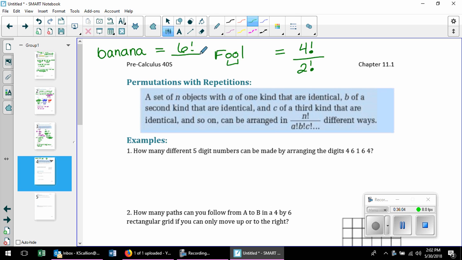What repeats? So, hold on, how many A's do I have? 1, 2, 3, so divided by 3 factorial, and what else do I have repeating? How many N's do I have?